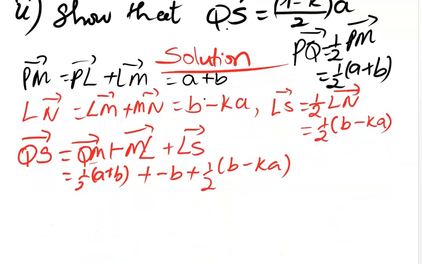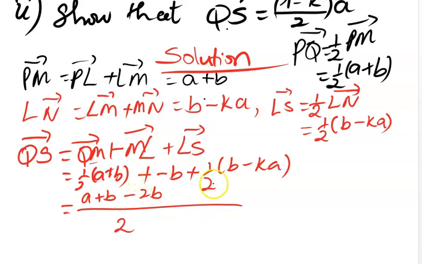Now with this, we have our LCM is 2. So we have 2 divided by 2, 1. So we have here A plus B minus 2B. Okay. 2 divided by 2 here, 1. Then A plus B minus KA. We simplify. We have here A, B minus 2B is negative B. Negative B plus B, 0.